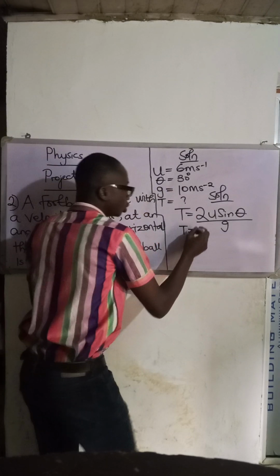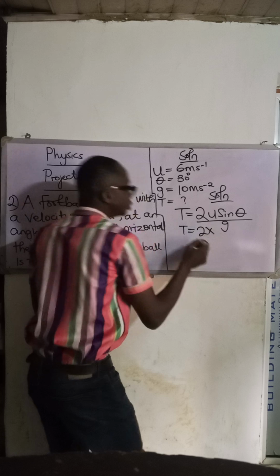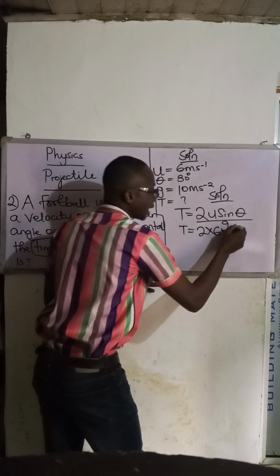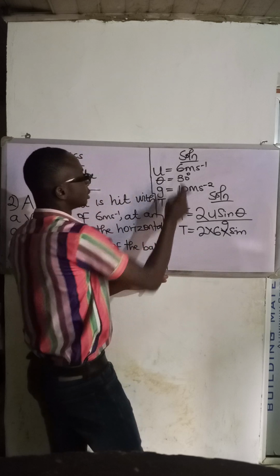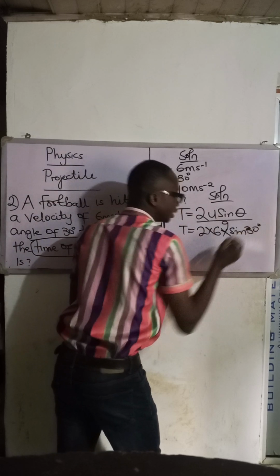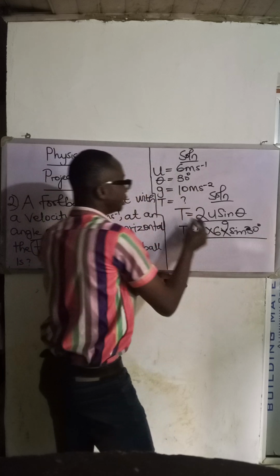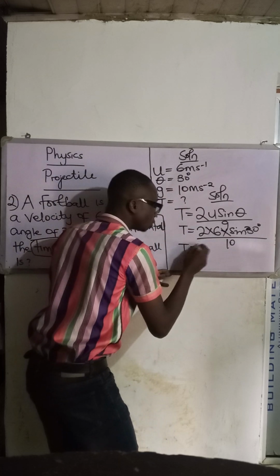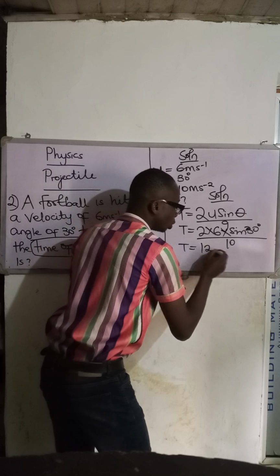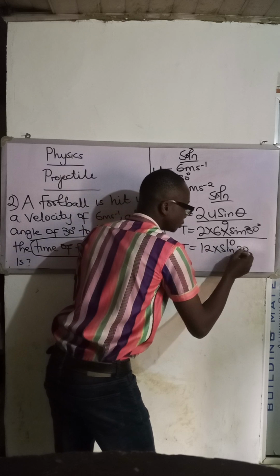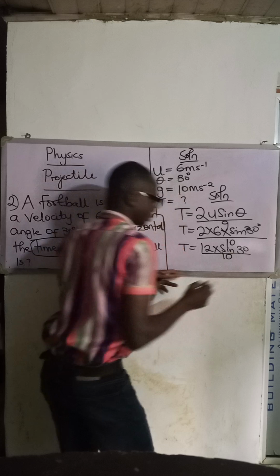T is equal to 2 times u, which is 6, times sine theta, which is 30 degrees, all over g, which is 10. So t is equal to 2 times 6, 12, times sine 30, all over 10.